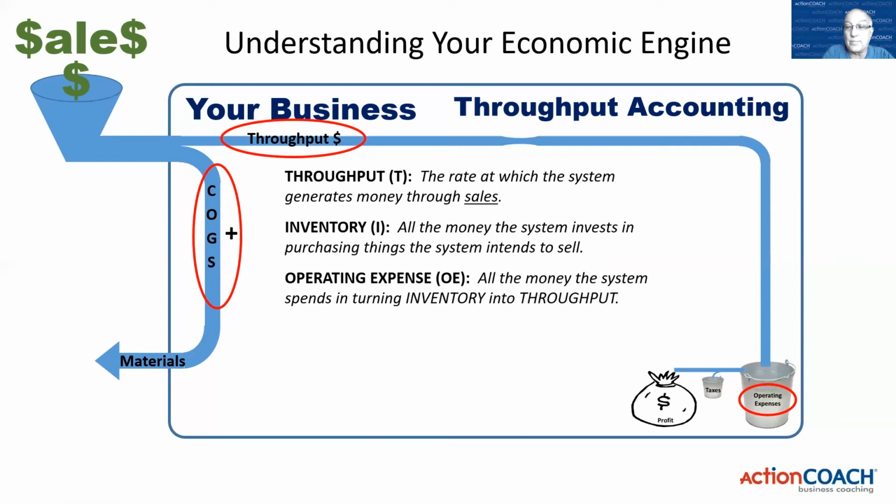That's certainly part of it, but it's also anything else that the business might buy and intend to one day sell, including the buildings and the machinery. So this is a very broad definition of inventory. But for the most part, we can look at it for now as the cost of goods sold.